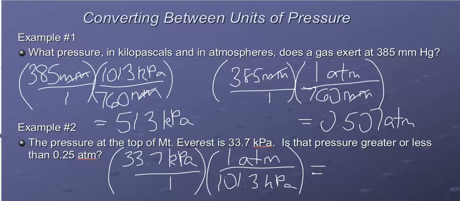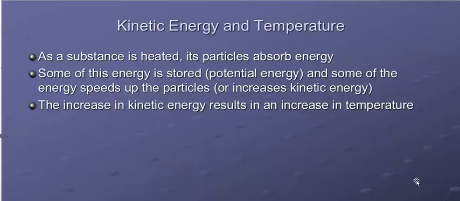So on the top of Mount Everest, our atmospheric pressure in atmospheres is 0.33. And again, normal atmospheric pressure is 1 atmosphere, but as we increase elevation, the atmospheric pressure decreases, so 0.33.